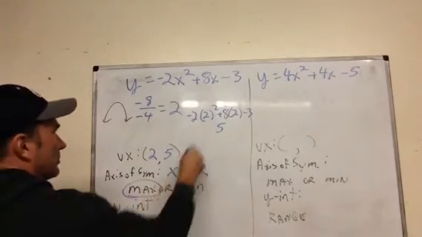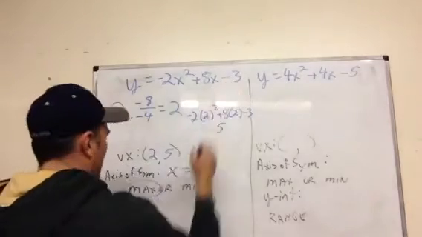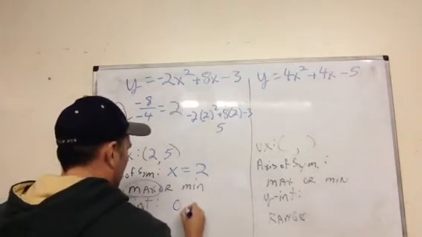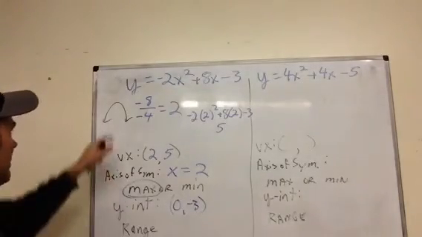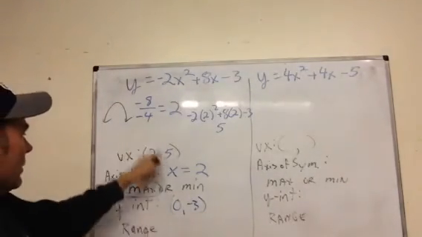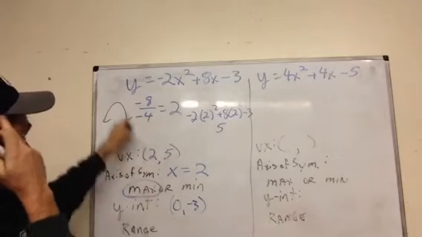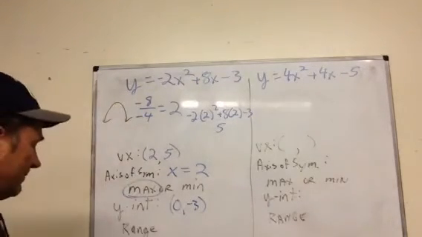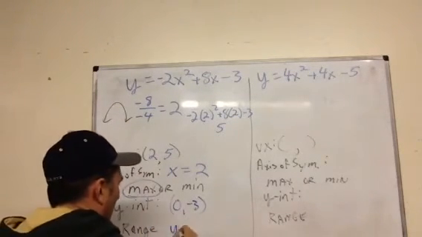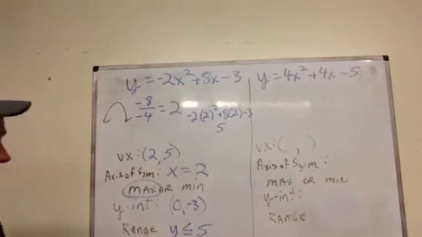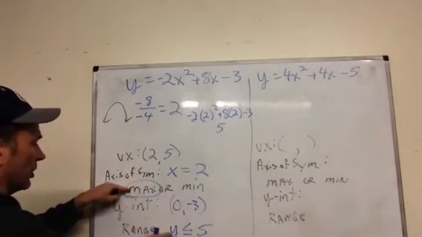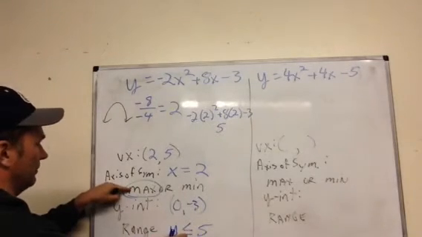Our y-intercept is our y value here of -3. And then our range. Remember, we look at the y value of our vertex, which is right here. It's up as high as 5. So our range is y less than or equal to 5. A maximum point will result in a range of y less than or equal to.